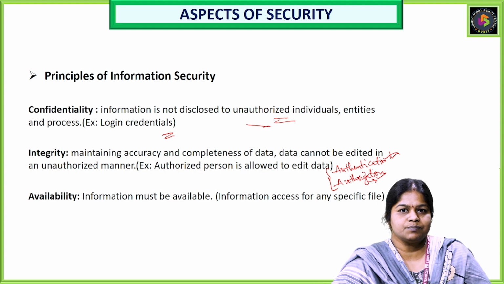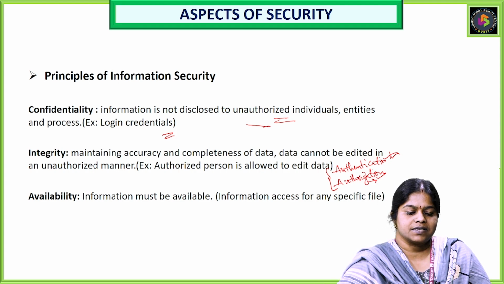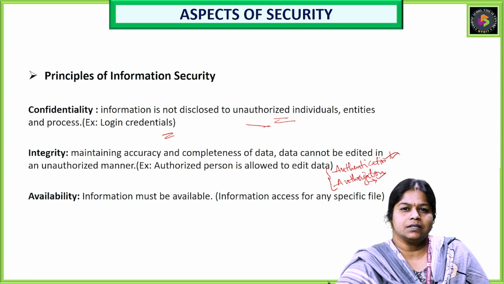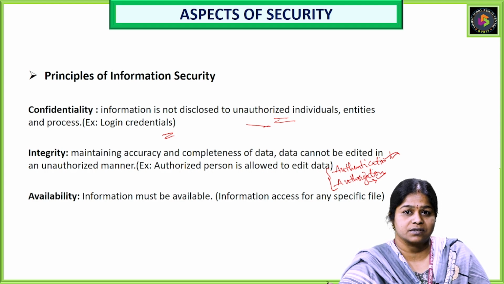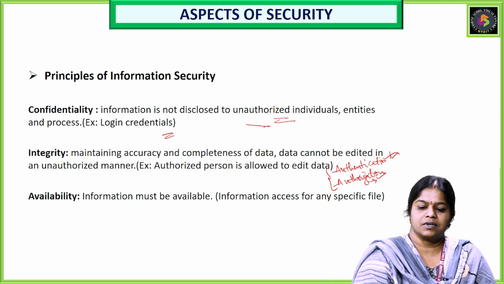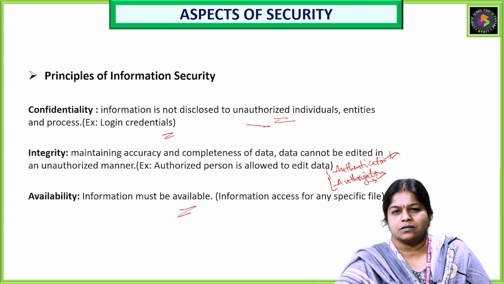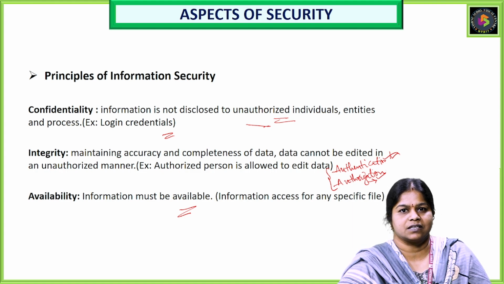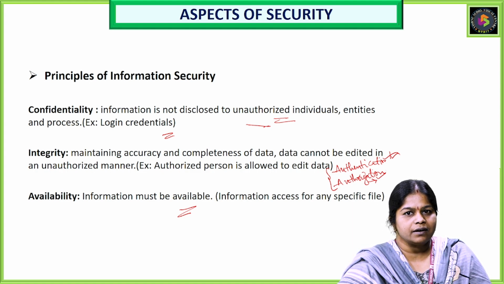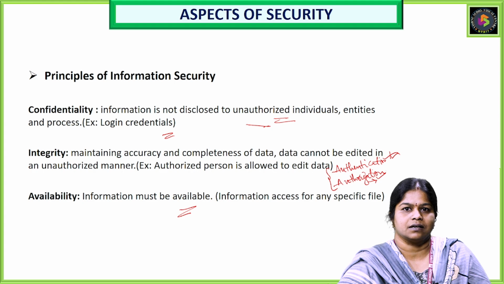And the next principle we have is availability. Availability of the information and availability of the resources in a particular session is more important. The information is available only to the authorized access entities. So we have to maintain the authorized access for that particular session.